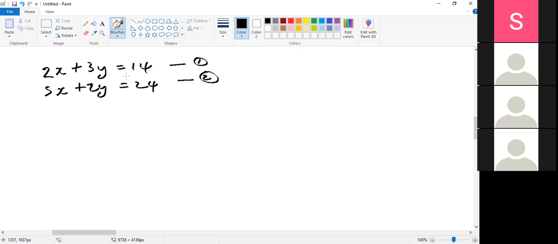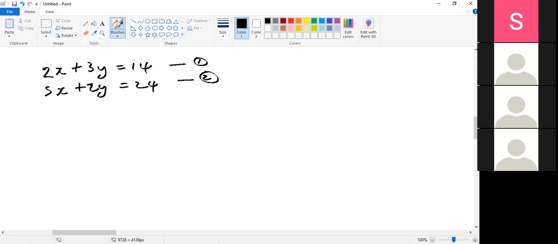Some people don't even go that way. You can just multiply the top one by 2 and the bottom one by 3 and call it a day. Either way works. If you get this to be 6 and this to be 6, you can eliminate y.